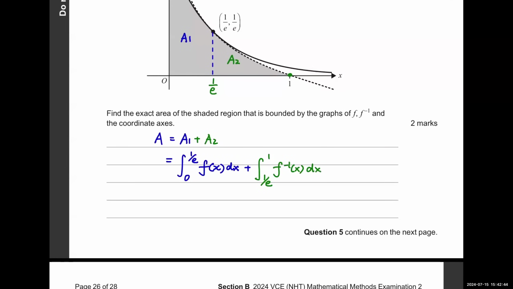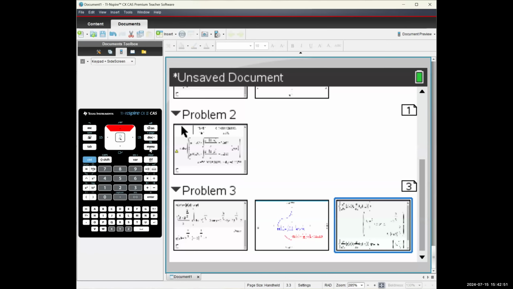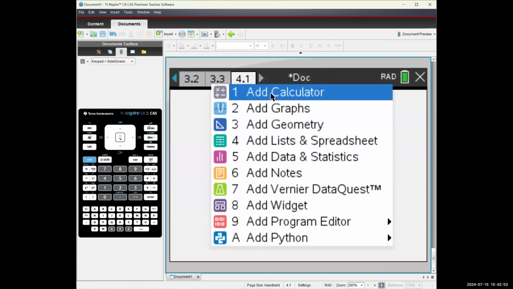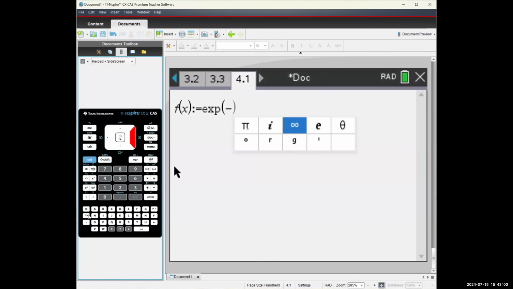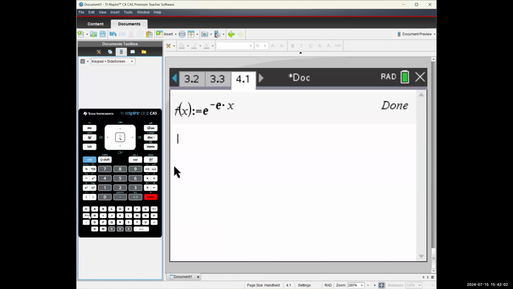Then we can just trust our fantastic calculator. Let's do the problem. f of x is assigned to exponential minus e times x. And fv, meaning f inverse, is assigned to minus 1 over e natural log of x.